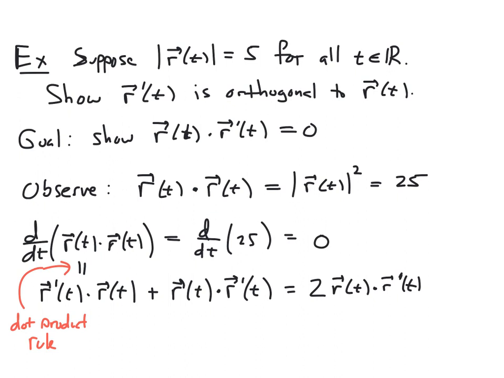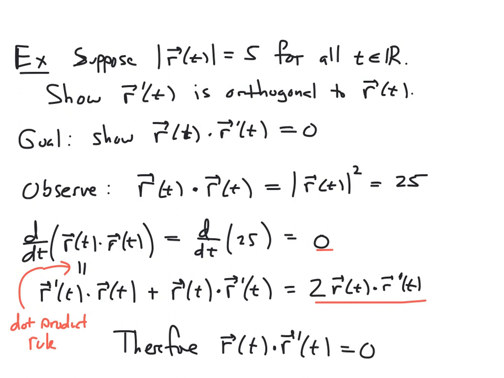And so since all these things are equal, we've just shown that 2 times this dot product is equal to 0. And if that's the case, we can divide by 2, and we can conclude that r dot r prime is equal to 0, which is what we wanted to do.